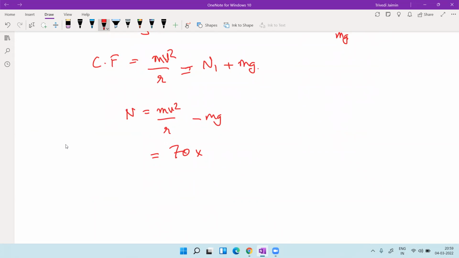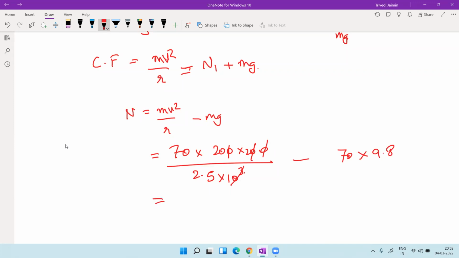So N1 equals 70 into 200 into 200 divided by R, 2.5 into 10 to the power 3, minus m g, that is 70 into 9.8. Let's subtract this. You will get the answer.